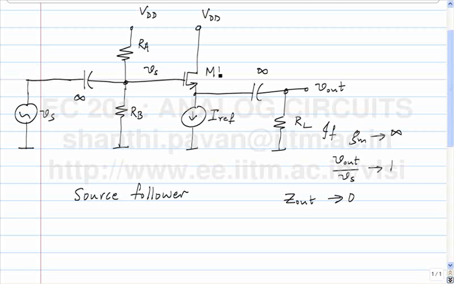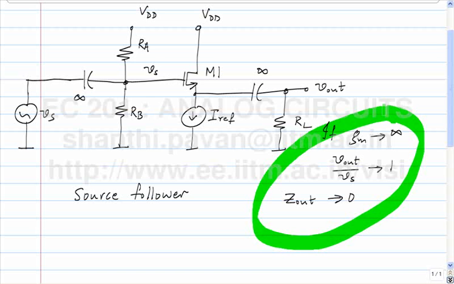Based on your experience with the common source amplifier, what do you think will happen? As the amplitude of the input sine wave goes on increasing, we have come to expect that the transistor M1 goes out of saturation, and the moment the transistor goes out of saturation, none of these things are valid anymore, because the GM falls down dramatically and the output impedance, which was infinite or very large before, now becomes very small.